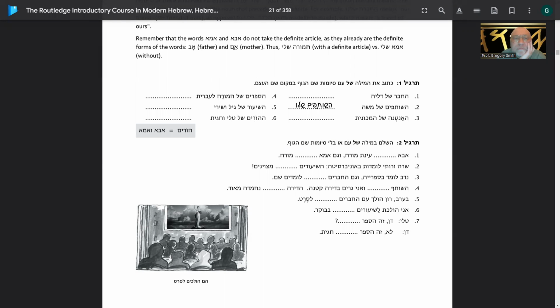Okay, this looks like Sarah the Ruti. Sarah and Ruti, Lomdot, Universita. Lomdot, I think this means they're students, they're studying.